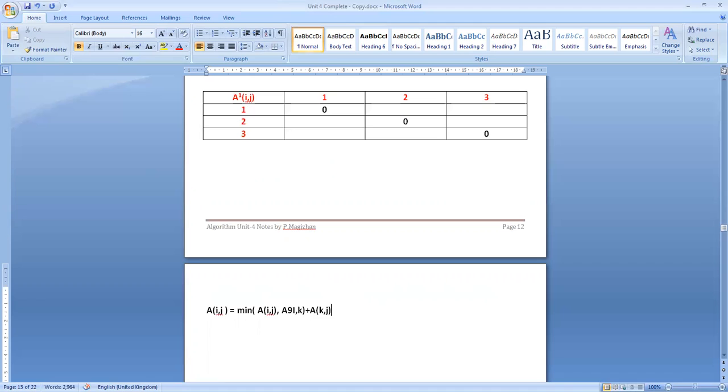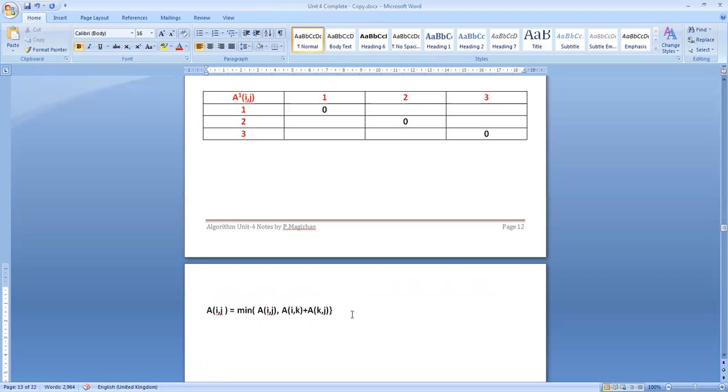That is the formula that we have to apply.